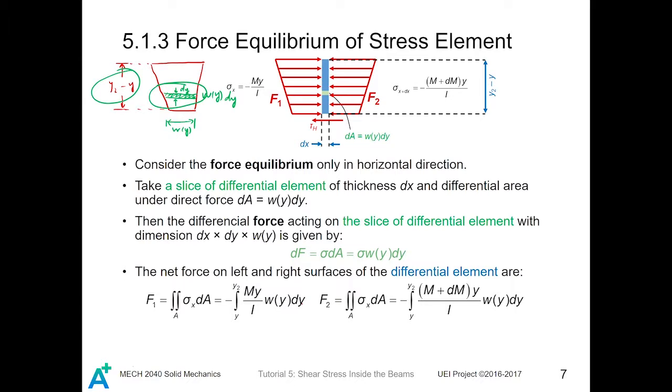So in such a case, the direct stress on the left hand side may be different from that on the right hand side. Therefore, the variation of direct stress between the left and right hand sides would disturb the force equilibrium. That is, we must add another force to keep it in equilibrium.